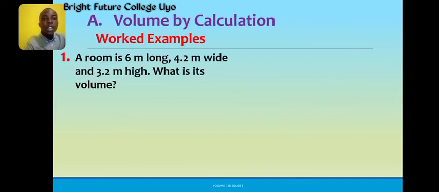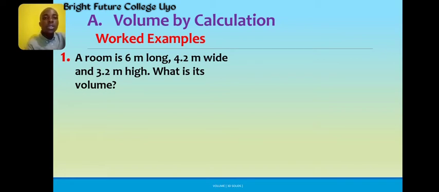Let's see some calculations now. Simple calculations. A room is 6 meters long, 4.2 meters wide and 3.2 meters high. What is the volume? Long, wide, high. Length, breadth, height.